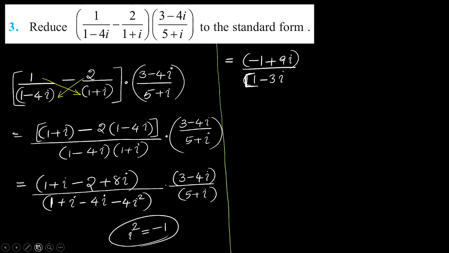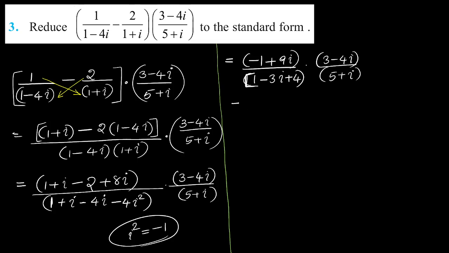Don't forget it. So the last term is minus 4 into minus 1, which will be plus 4. And after that, 3 minus 4i divided by 5 plus i.